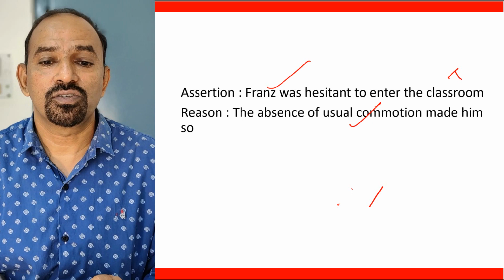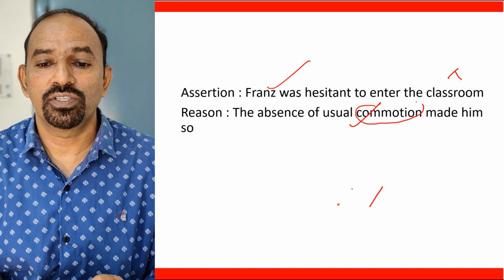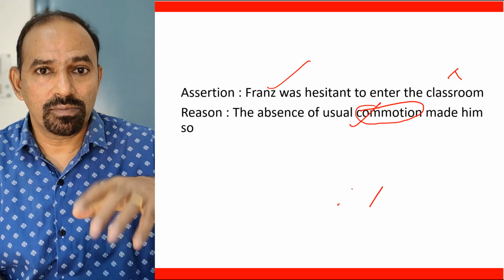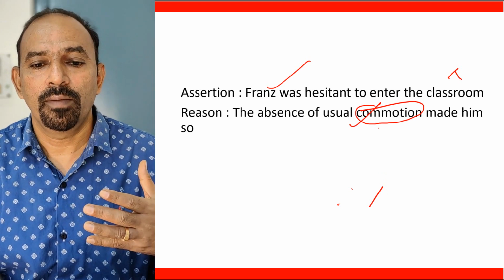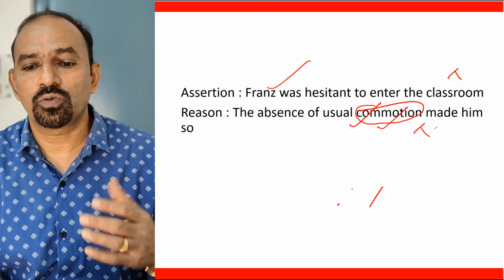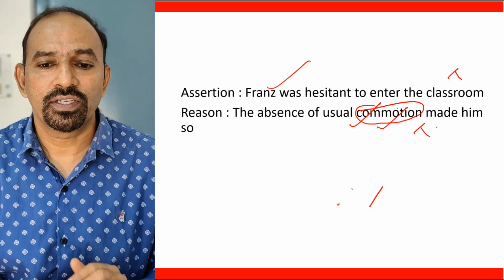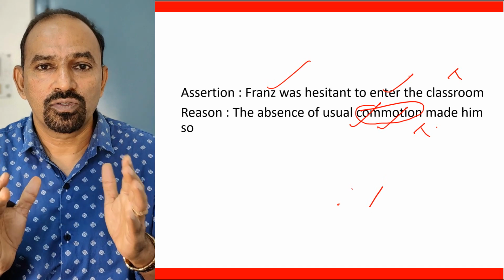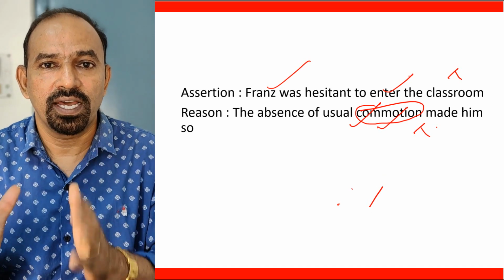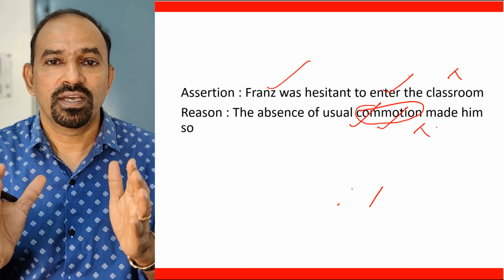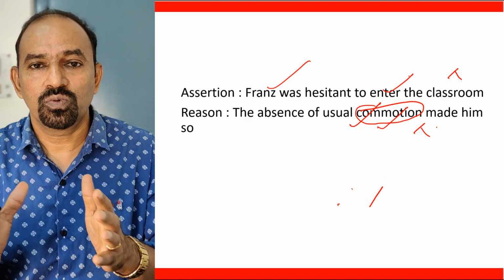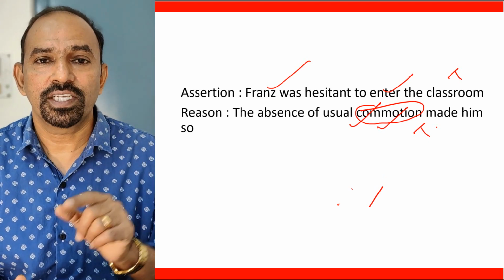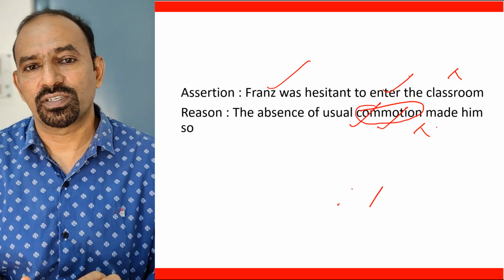Yes, the absence of the usual commotion, the noisy sound that comes from the classroom. The absence of that commotion made him so. This is also true, and the right explanation of the assertion. So here also we can choose the first scenario: assertion is true and reason is also true, and reason is the right explanation of the assertion.